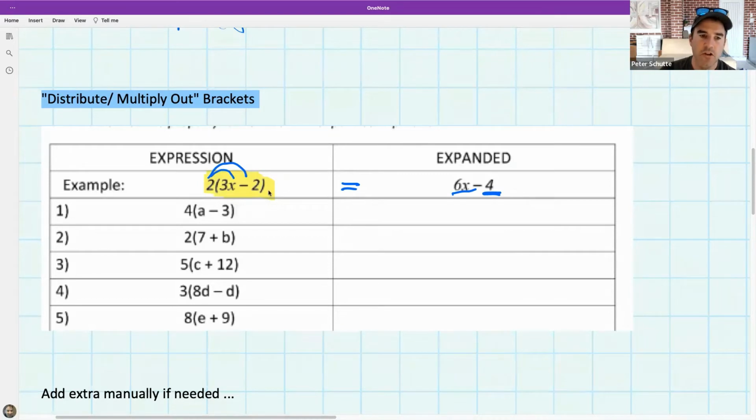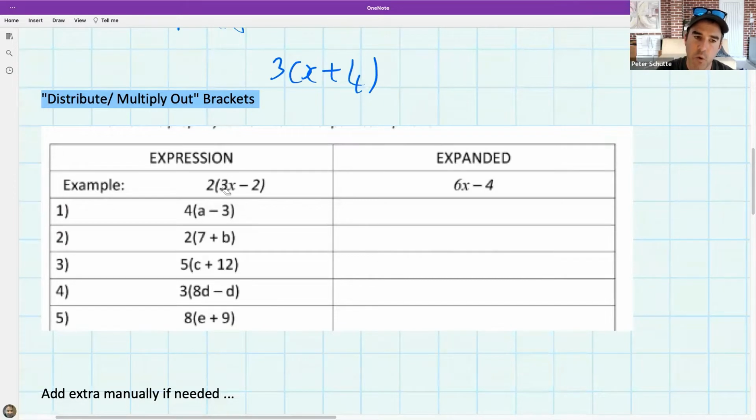Okay, so the first thing to realize is that when I'm multiplying out, the relationship between the 2 in front and the 3x minus 2 in the bracket is a multiplying relationship. So you first have to understand what it means. If two things are next to each other, like if I have this, the 3 is being multiplied by the x plus 4.